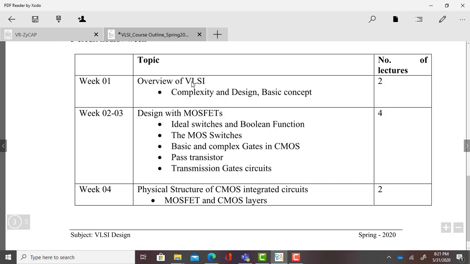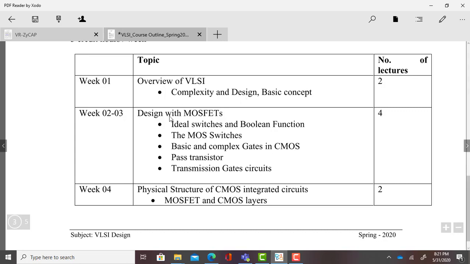So in the first week, we will introduce the course in a very generic way, and the main goal is to motivate you about the course and what you should expect during the course, the basic concepts.